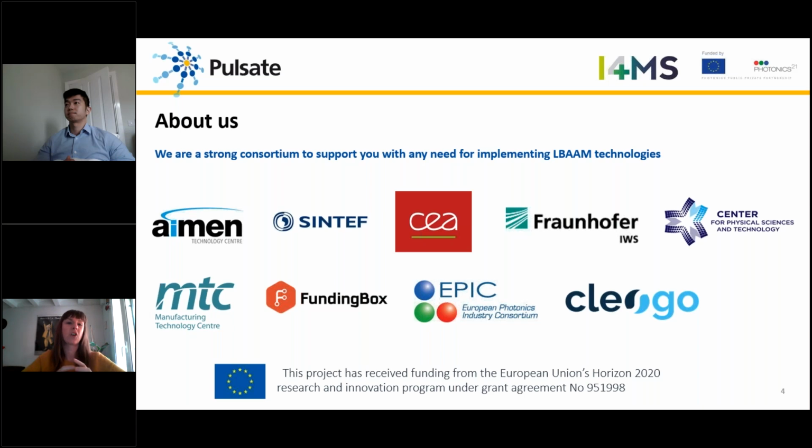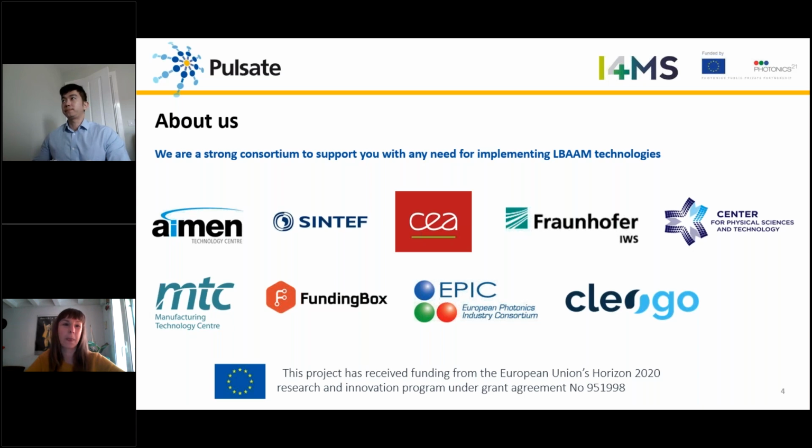All these technical competences are also supported by Funding Box, specialized in open call management and dissemination, and also responsible for community building. Then we have the dissemination partner EPIC, the European Photonics Industry Consortium, and Glasgow, a company responsible for building the Digital Agora.